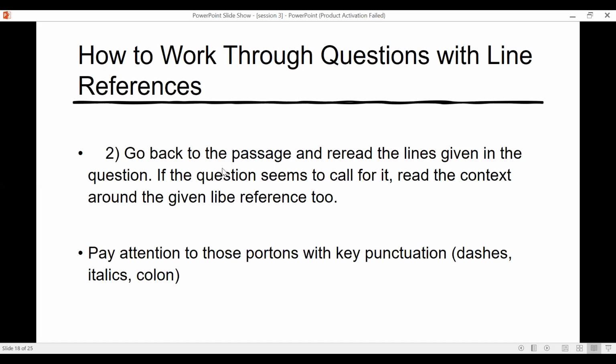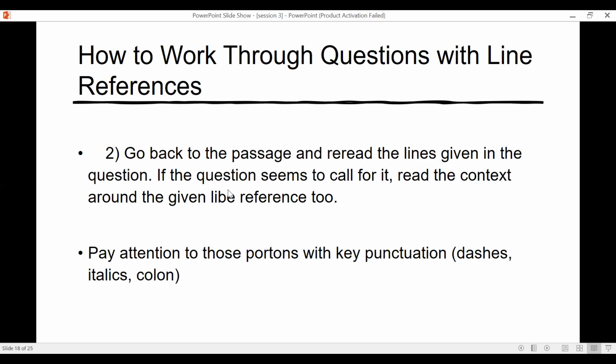Go back to the passage after reading the elements of the question very well. Go back to the passage and reread the lines given in the question. Why? Because we're dealing with questions with line references, so you know already where you're gonna read. If the question seems to call for it, read the context around the given line reference.